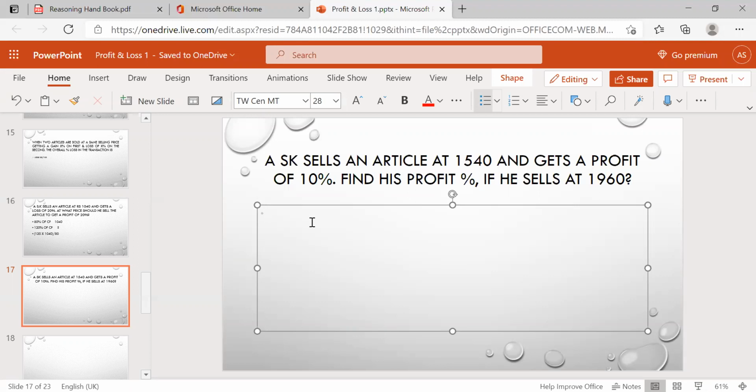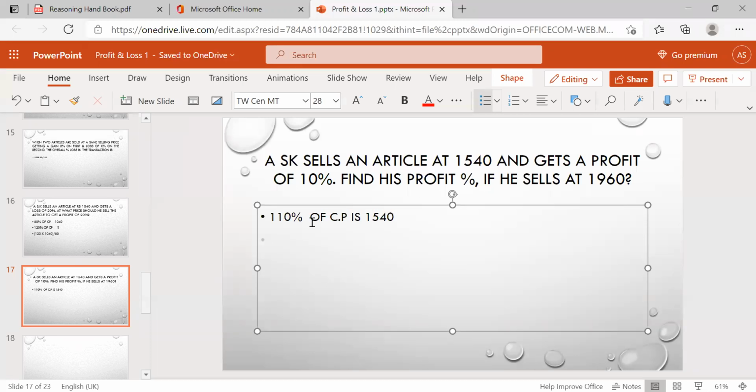First, what they said: profit of 10%. That means more than the cost price, right? So cost price is 100, 10% profit, so 110%. 110% of cost price is 1540, right?